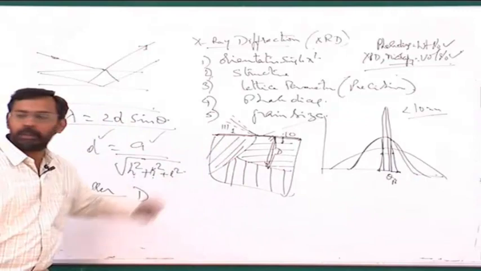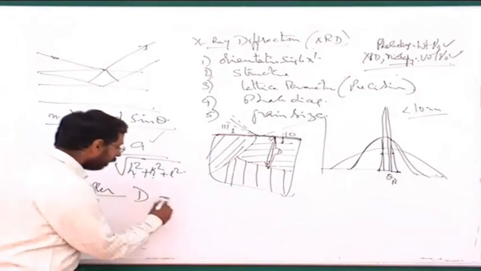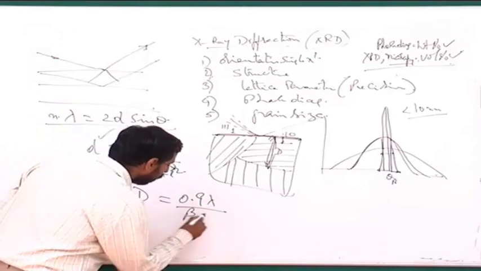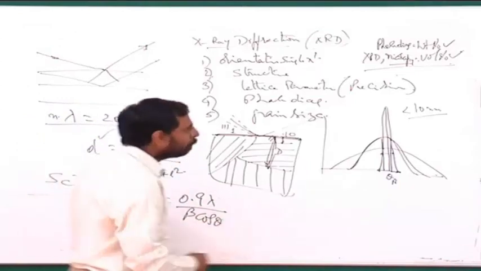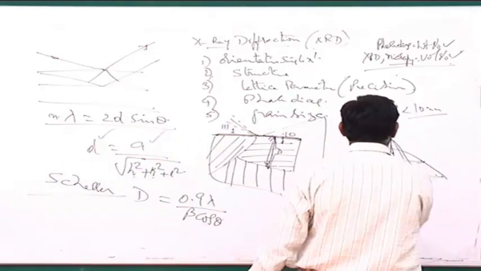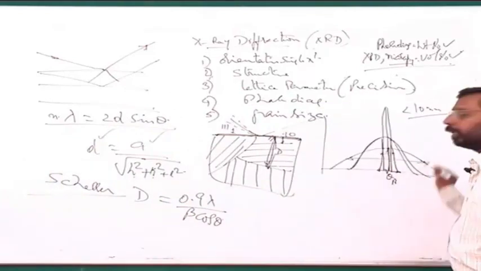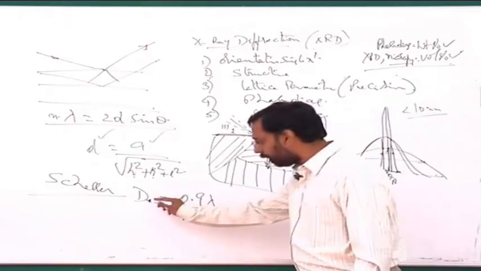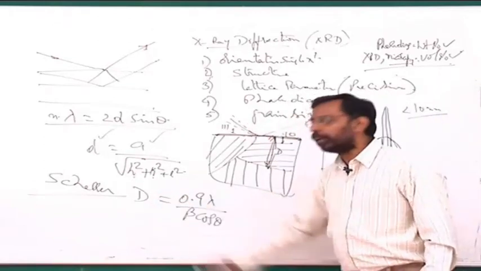In principle that will be the diameter, and that is given by the formula 0.9 lambda by beta cos theta. What is beta? Beta is nothing but the full width at half maximum, the extent of peak broadening.